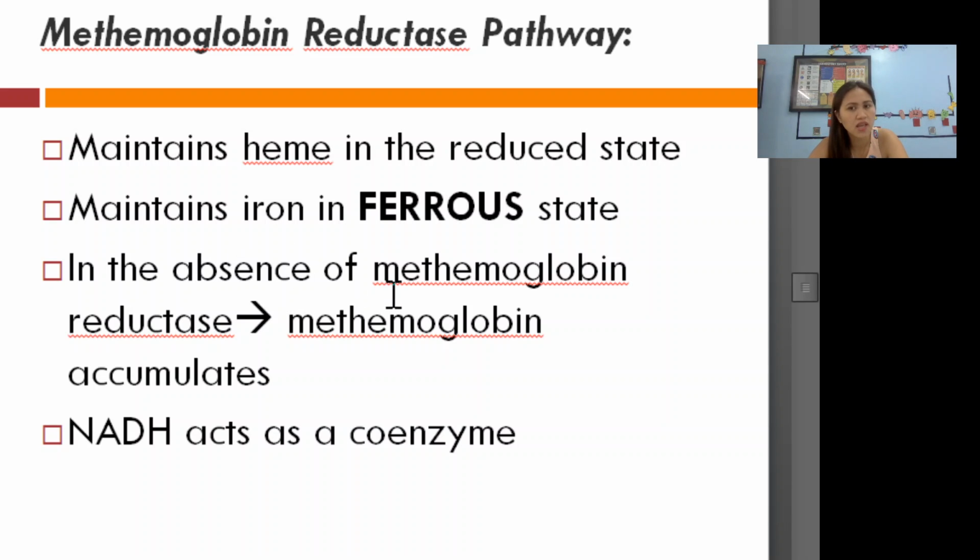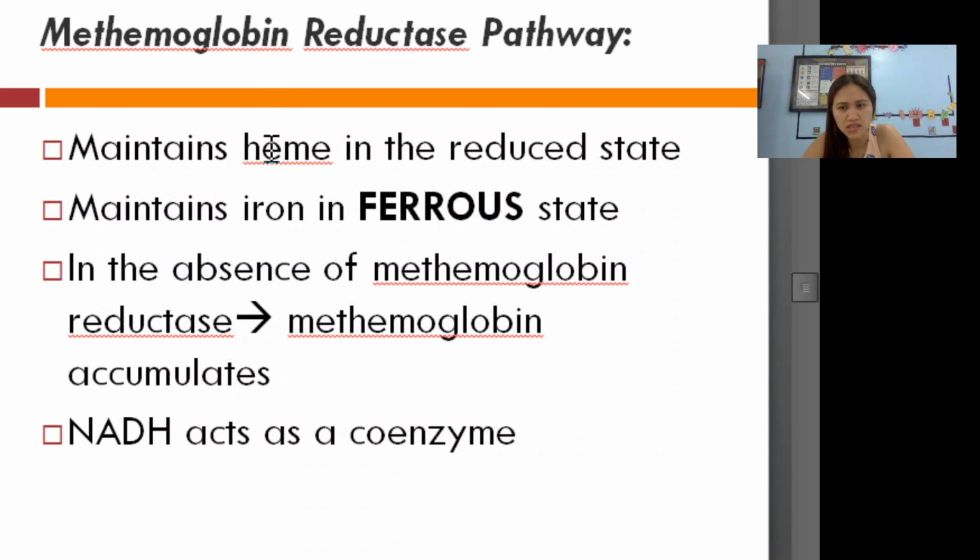So, kung wala tayong enzyme, if we don't have methemoglobin reductase in our body, therefore, the iron state in our hemoglobin will become ferric. So, if it is ferric, then it will be called methemoglobin. So, methemoglobin will accumulate if we don't have this enzyme called methemoglobin reductase.